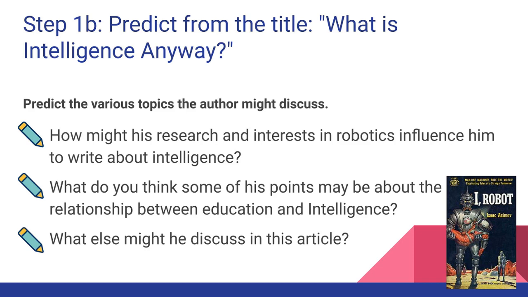After we have done background research on the author and predicted what the article might be about based on the title, we need to read and predict the topic of the paragraph by reading the topic sentences. So this is where more prediction comes in to keep us engaged as we read and start practicing our prediction skills.